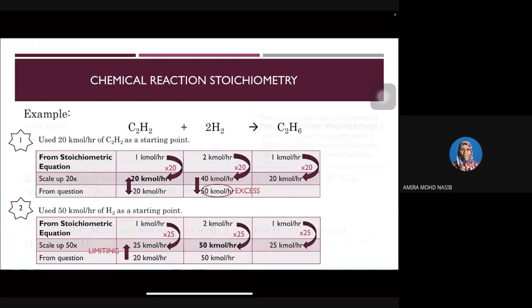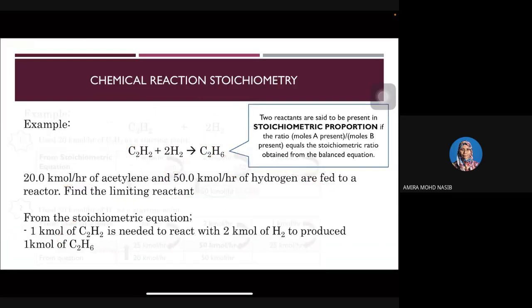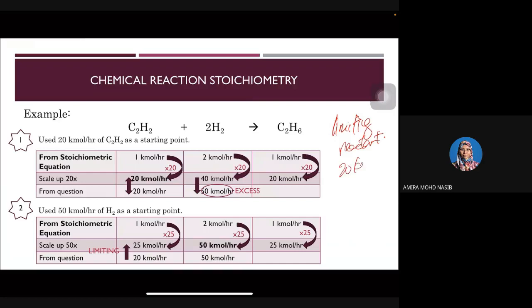The info that they gave us is that they have 20 kilomole of acetylene, C2H2, and they also have 50 kilomole per hour of hydrogen. So this is what they have at the beginning of the reaction. We need to find which one is the limiting reactant.